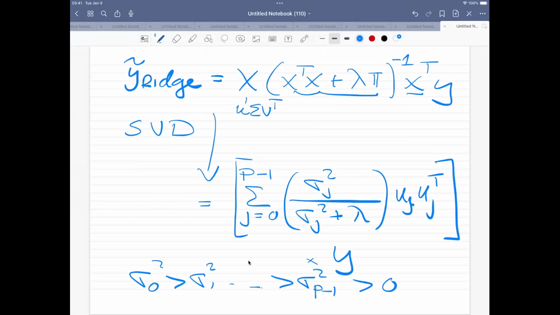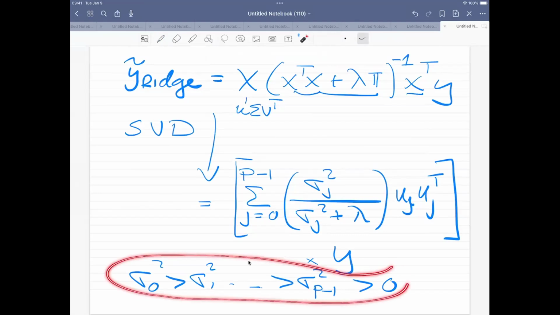If lambda is large and sigma is small, then you will suppress a contribution from a component p. So this is a way to suppress. Just keep this expression in mind, and this is the last thing we're going to say today.